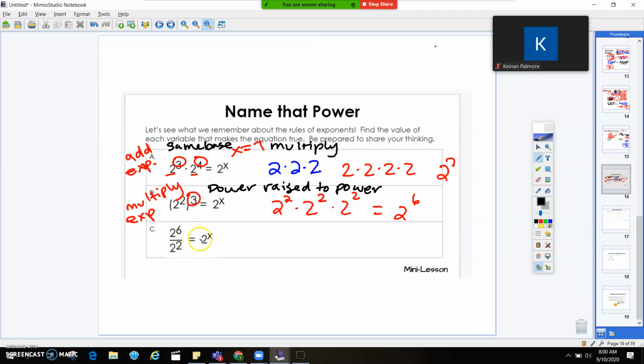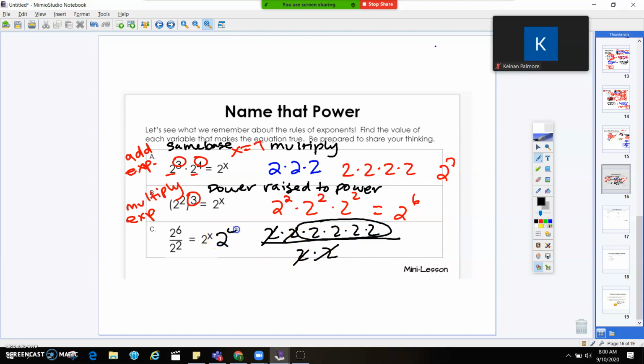On this last one, if you're dividing, you've got 6 2's in the top. So 1, 2, 3, 4, 5, and 6. And then you've got 2 2's in the bottom. Well, we know that if you have something in the top and the bottom, and they're the same, they cancel out, right? So how many 2's do I have left over? 4.